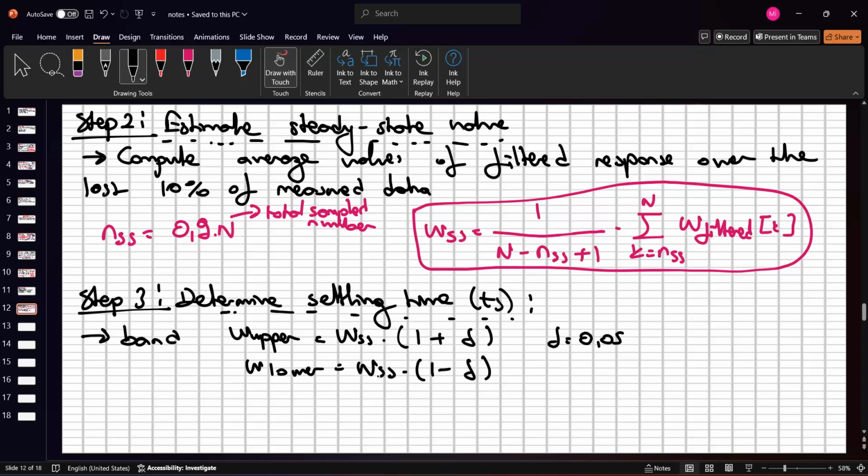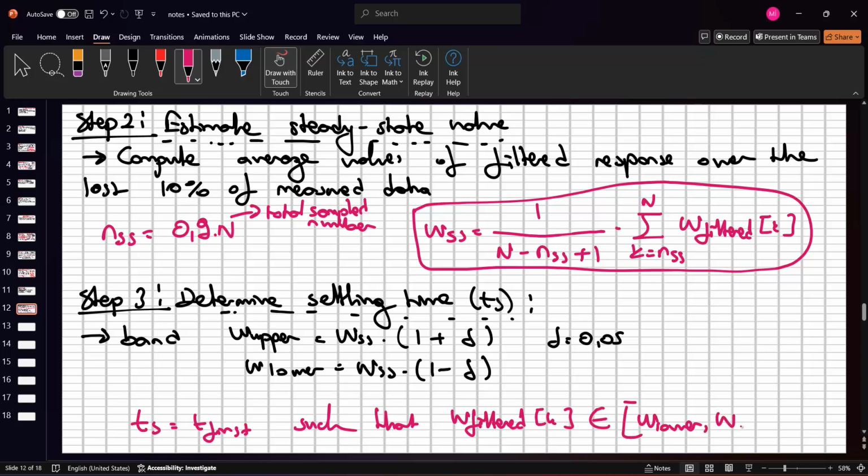So how can we define this ts value? Assign ts at the first time t such that W filtered k is found in the subset between W lower and W upper.